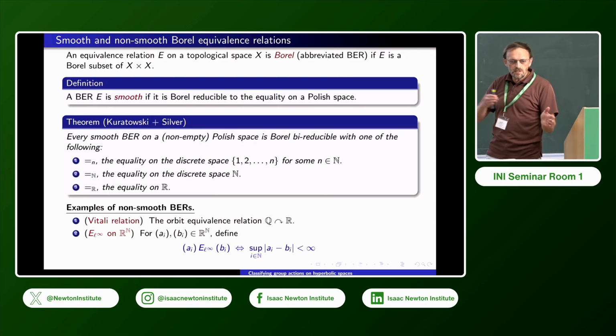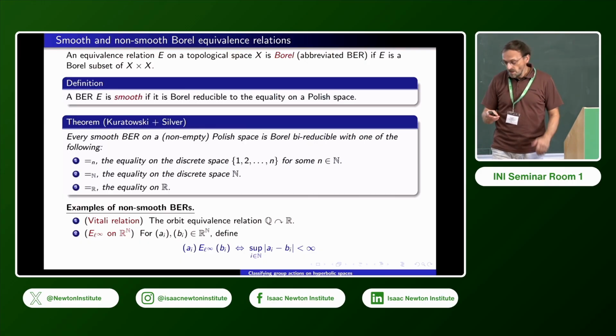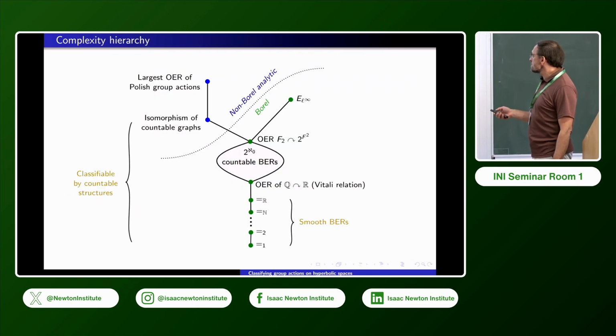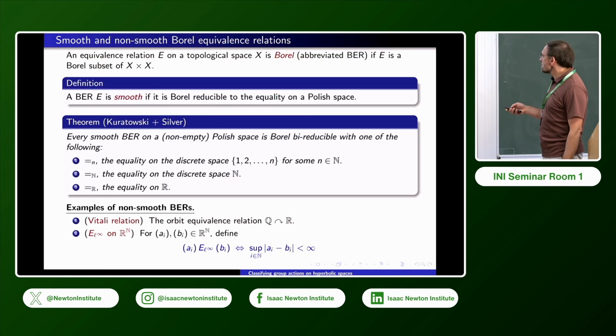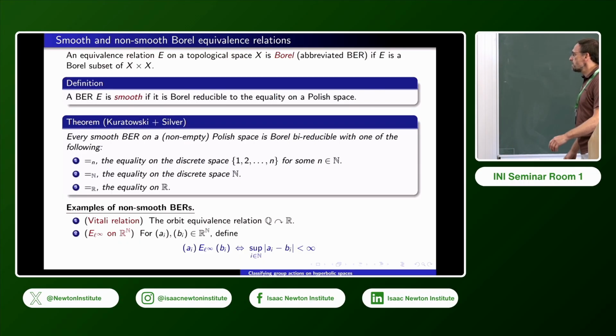So L-infinity acts on this set of sequences just by addition. And this is the orbit equivalence relation generated by these actions. So two sequences are equivalent if and only if the supremum of the differences between the corresponding entries of these sequences is finite.